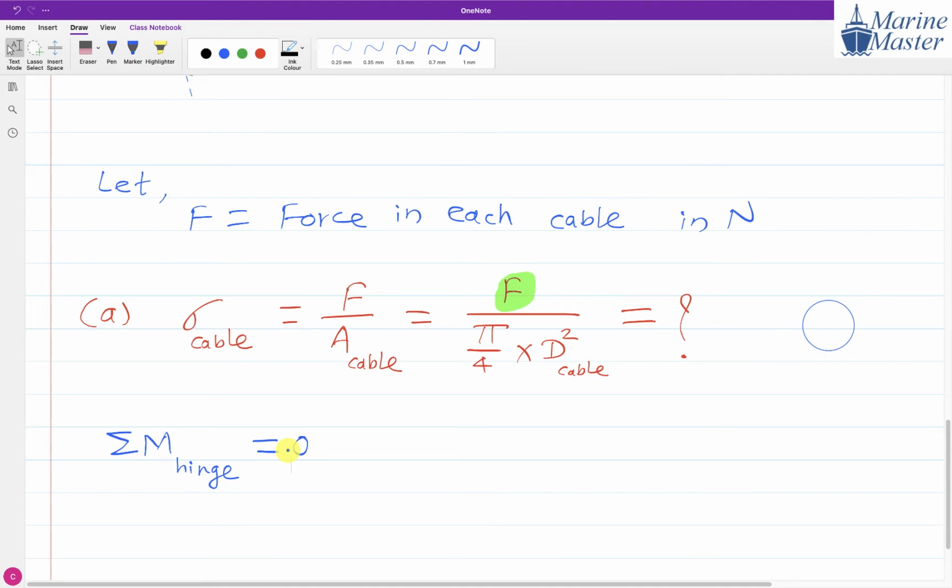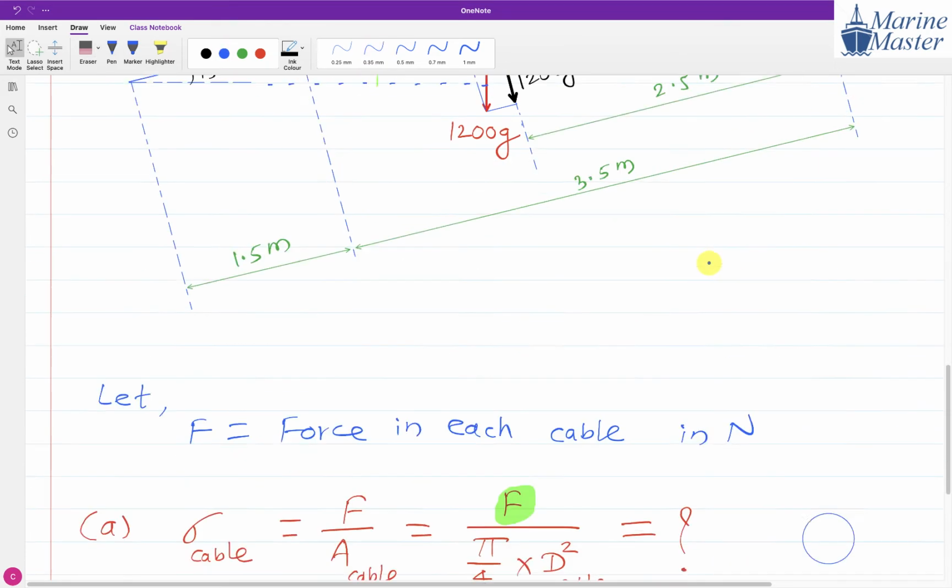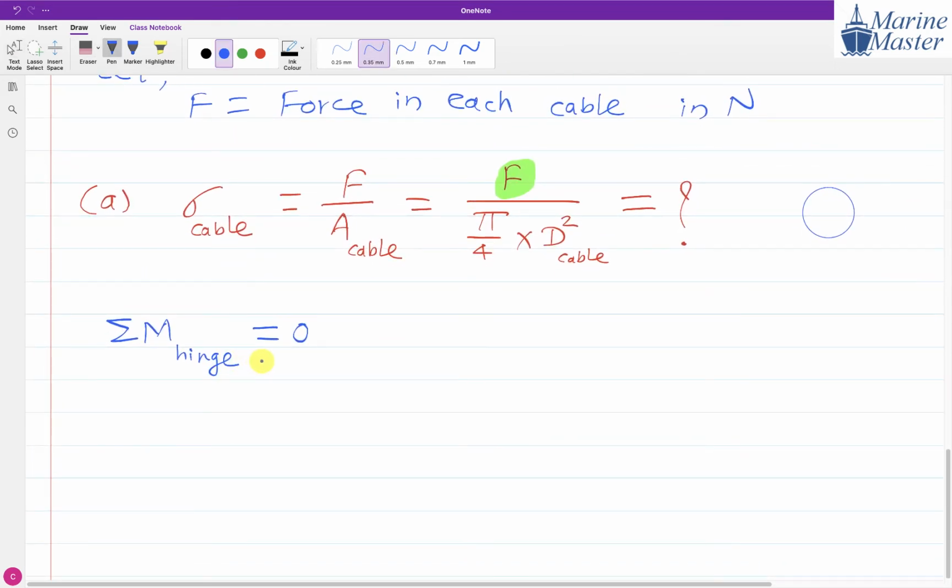Yes sir. Why 0? Because here this ramp is in equilibrium. And why is it in equilibrium? Because it is stationary. Whenever any object is stationary, the summation of moment about any point is 0. And here the point we have considered is the hinge, and taking clockwise as positive.